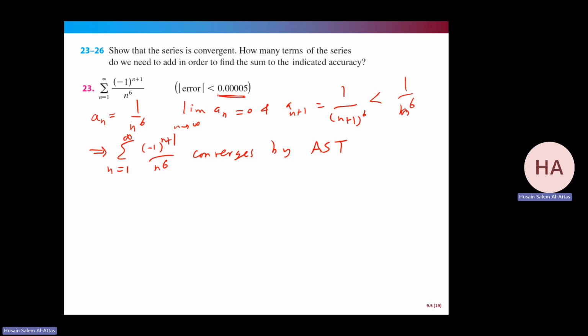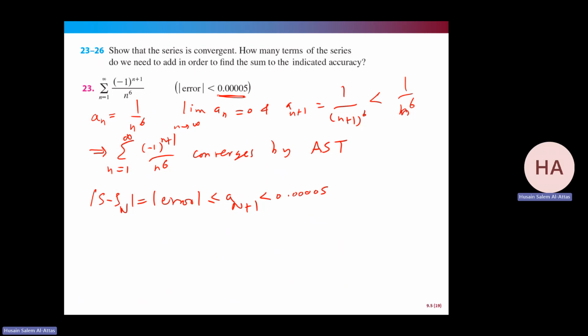How many terms do we need in order to find the sum to the indicated accuracy? This is the error. So now S minus S_N, which is the error, I know is less than a_(N+1), and I want that to be less than 0.00005.